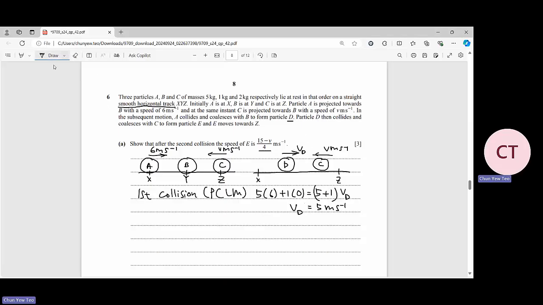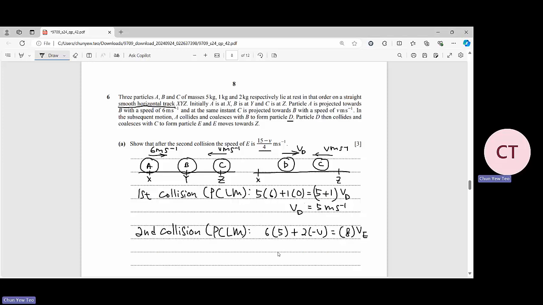That means the particle is moving with the speed of 5 meters per second, and then it will collide with C later on. Now we go for the second collision, between the particle D and C. Still using the principle of conservation of linear momentum, we have mD, the combination of the mass of A and B, which is 6. So 6 times 5 plus 2 times negative V equals 6 plus 2, which is 8, times vE.